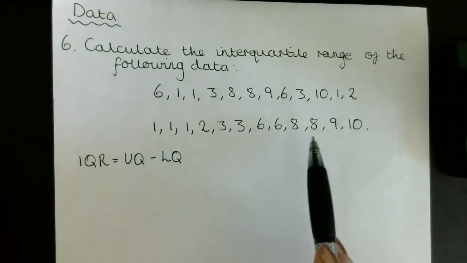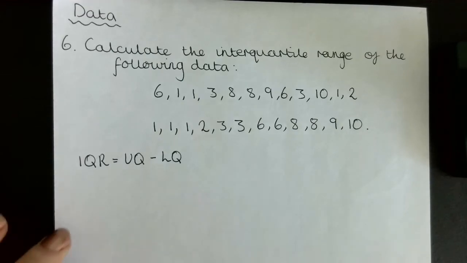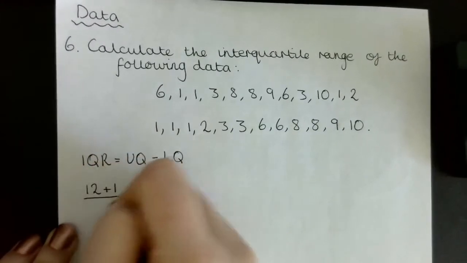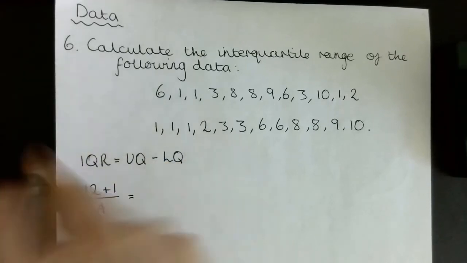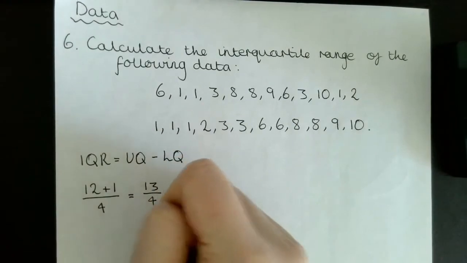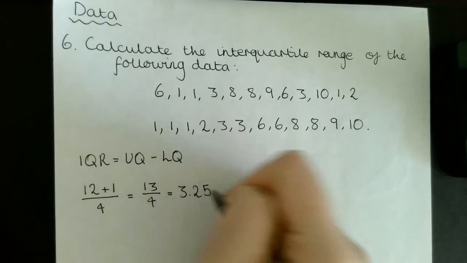So to find out my lower quartile, I'm going to do 12 plus 1 divided by 4, which is 13 divided by 4, which is 3.25.